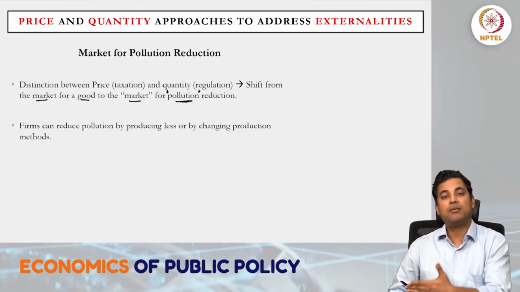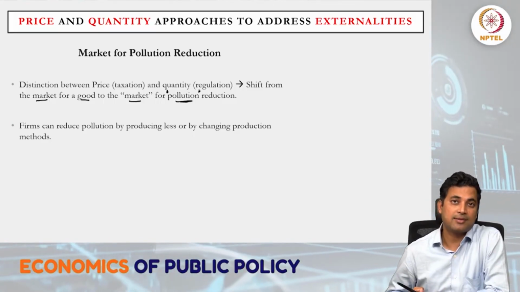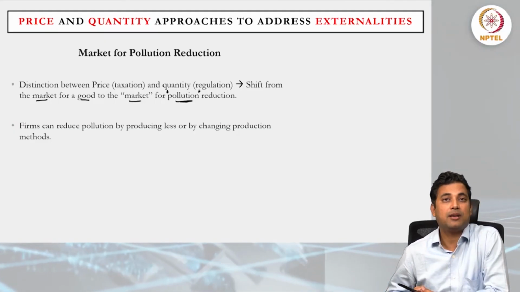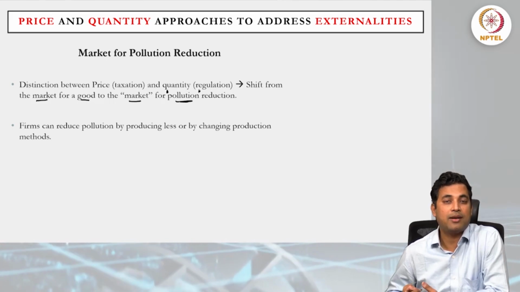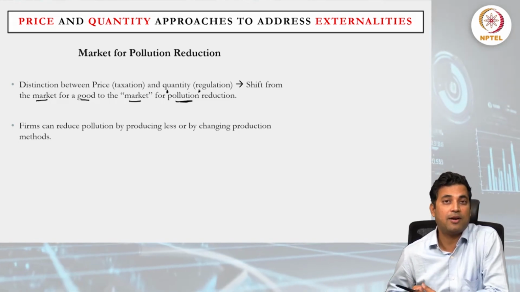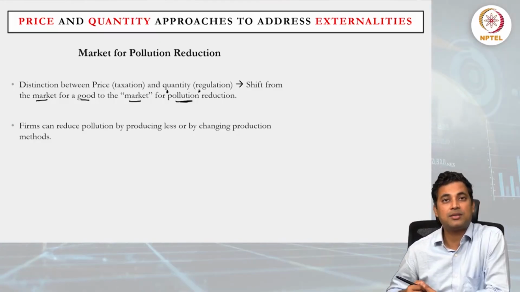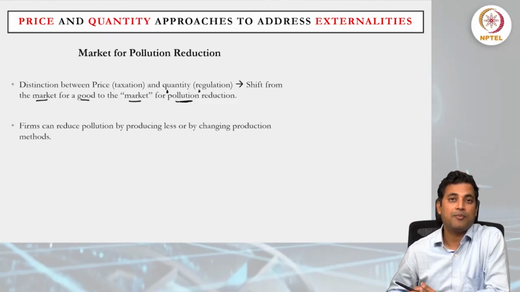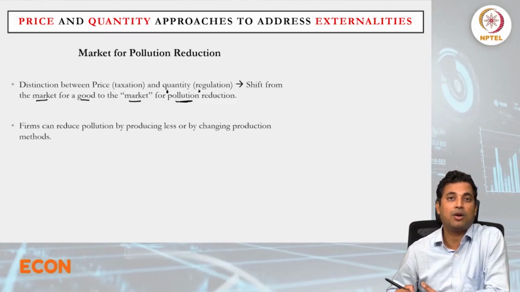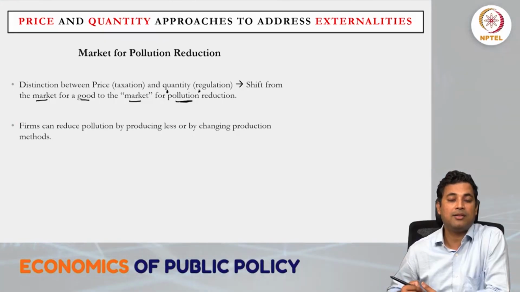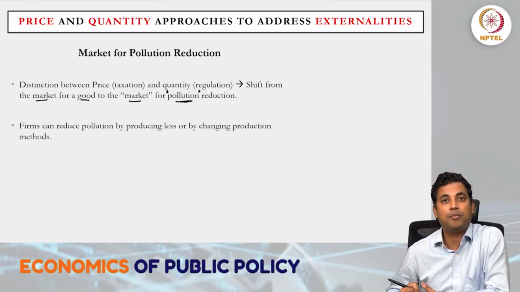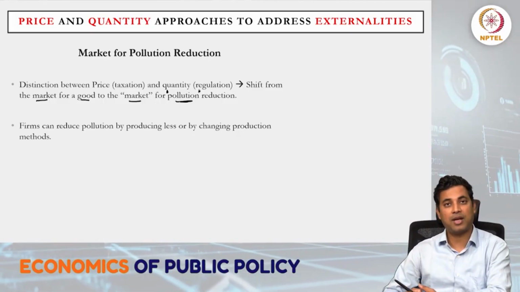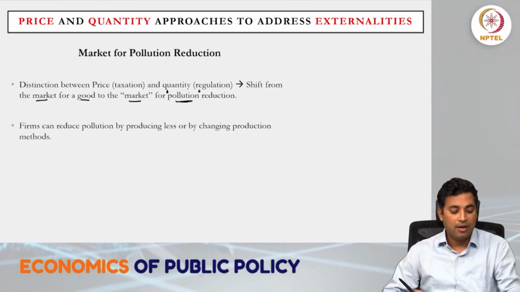Instead of making that payment or paying the tax, if the firm or private producers introduce certain methods or buy some advanced equipment which produces very little or no pollution, then instead of paying $100 to the other parties, they will pay for buying other machinery, and that is another way firms can control their production.